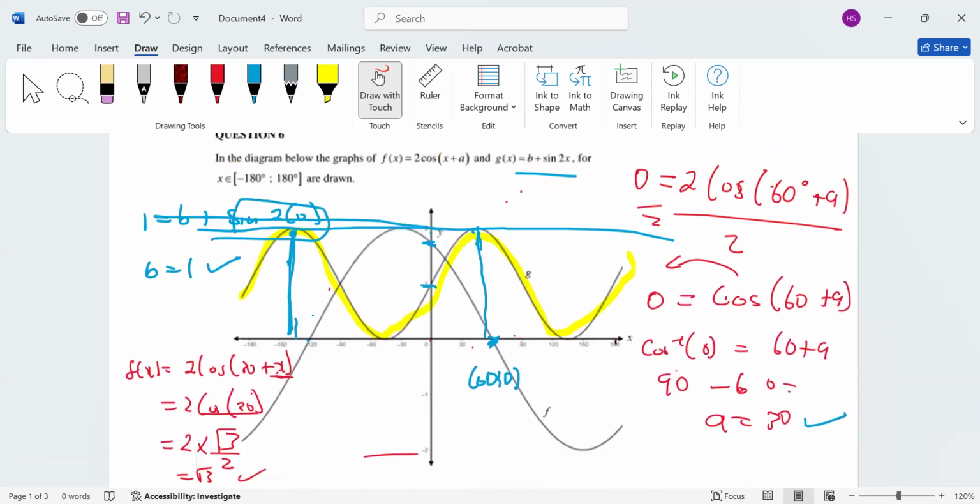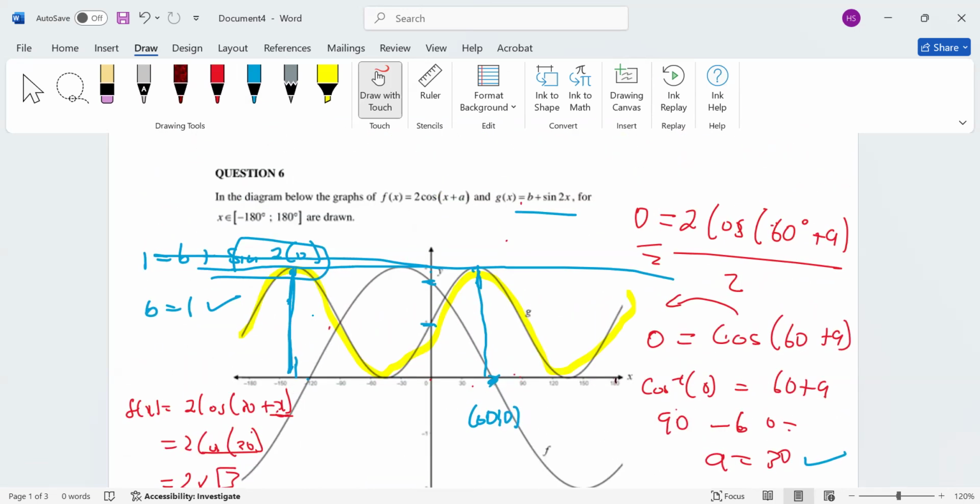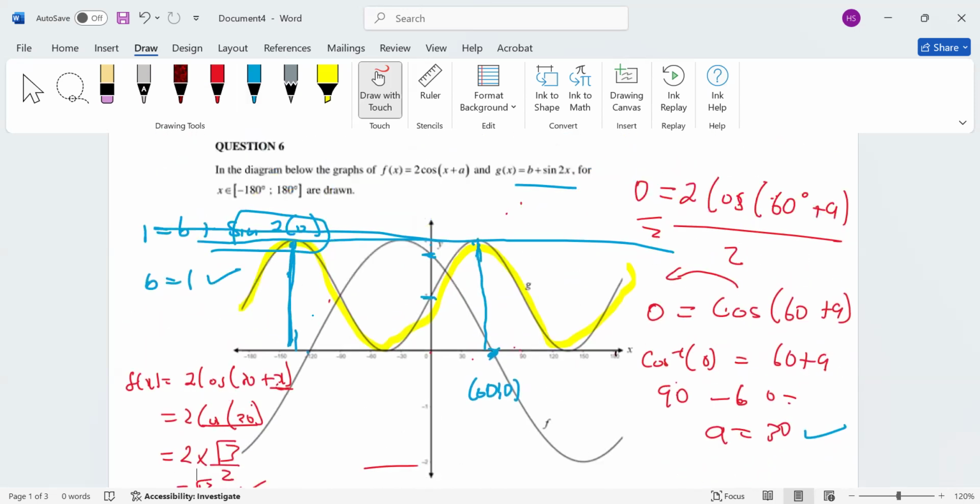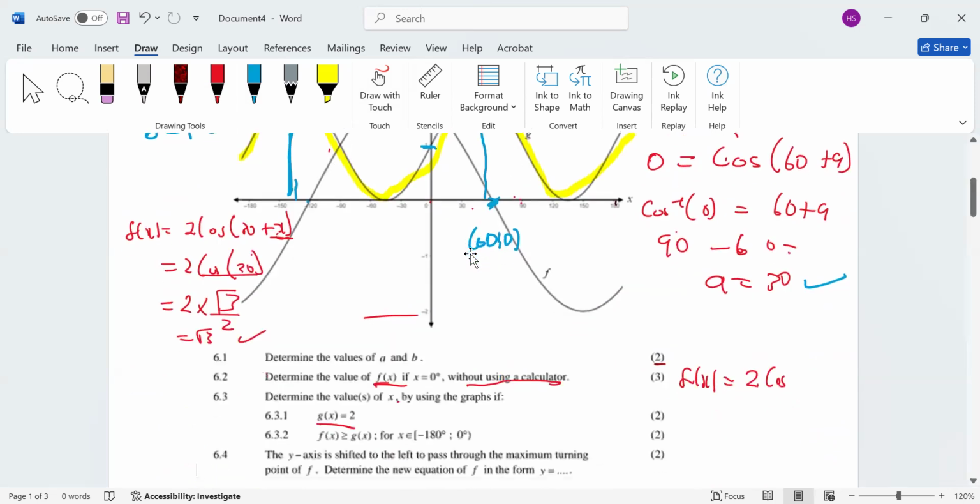Yes, negative 120, because we shifted the function by 30 units. So it was supposed to turn where? I think we shifted it to the right. Let's check which way, where it was supposed to turn. It was supposed to turn at 90. So the other one is 60.